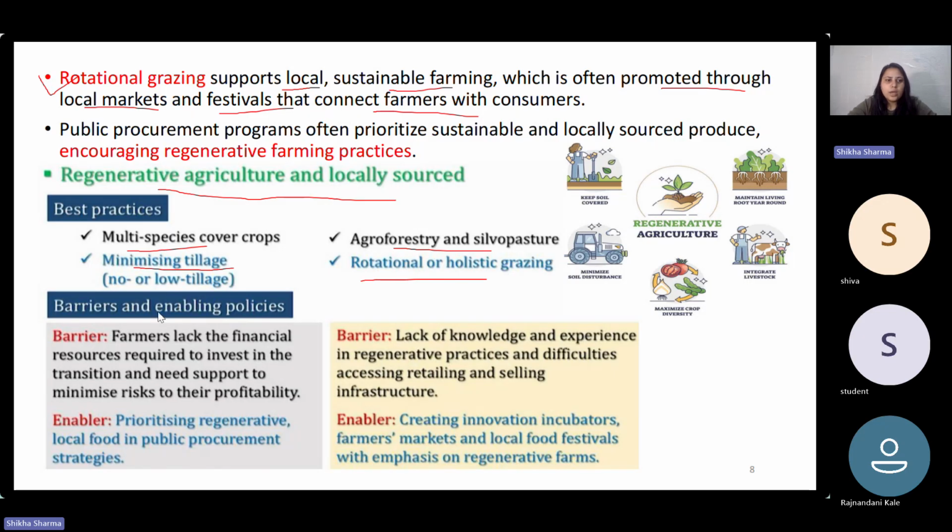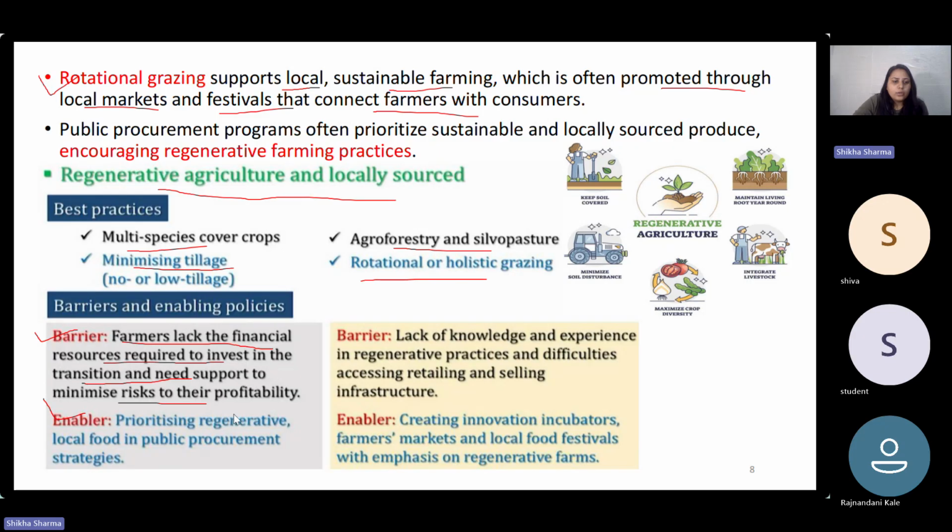So it has different barriers and enabling policies. So it includes like farmers lack the financial resources required to invest in the transition, or need support to minimize the risk to their profitability. So basically, when the farmer tries to shift their agriculture practices to more sustainable practices, the farmers may need funds or financial support to invest in the transition of the technology.